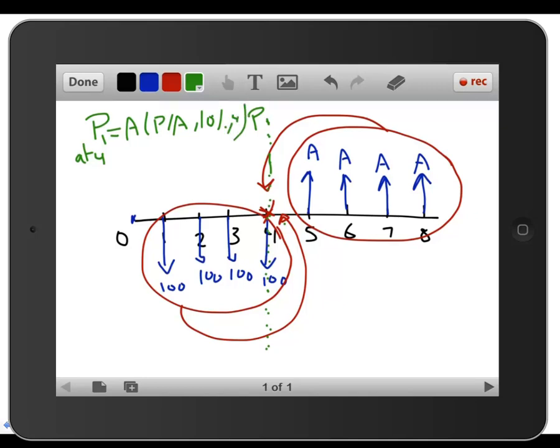Number of periods is 4, and that will equal to 3.1699A, and we found this value here.